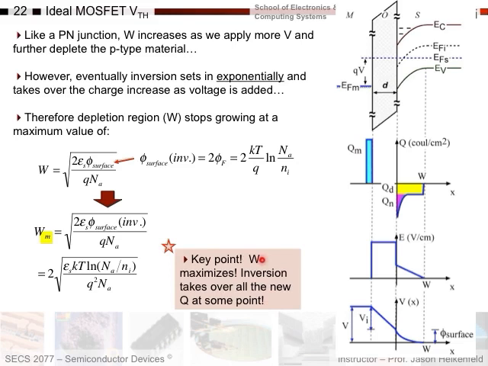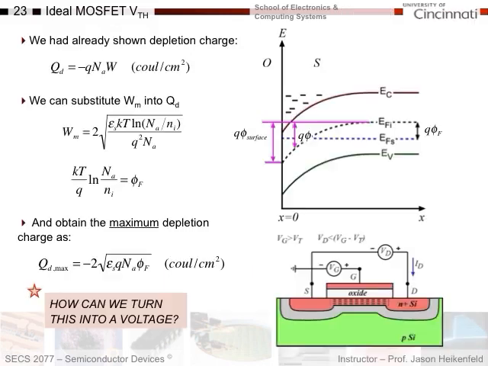And so if you looked at this little plot over here, if I kept adding more voltage, I would get more and more inversion charge, but the depletion width would completely stop right here. It would not deplete anymore. So, we'd already shown this before. Depletion charge was the width times Na times q.